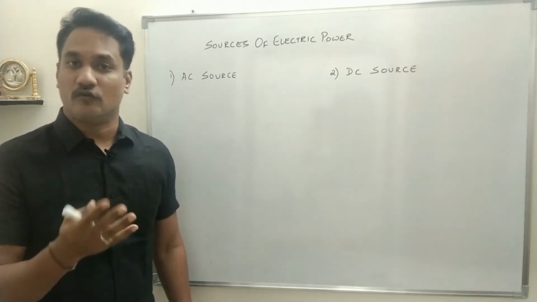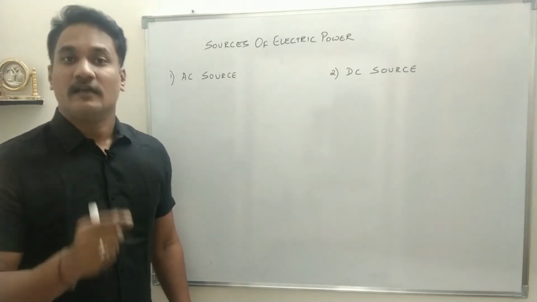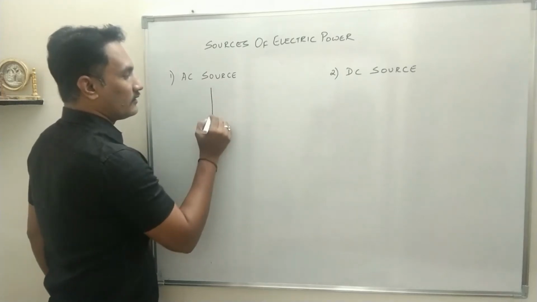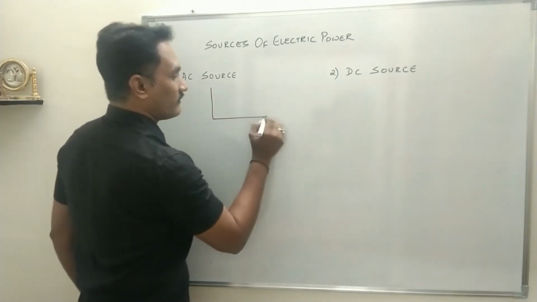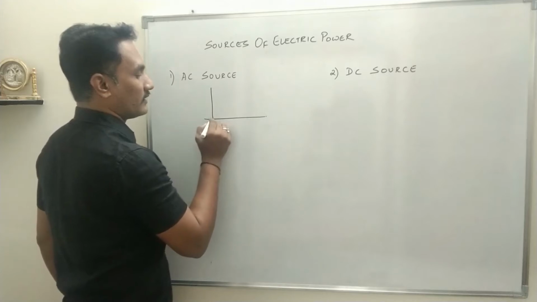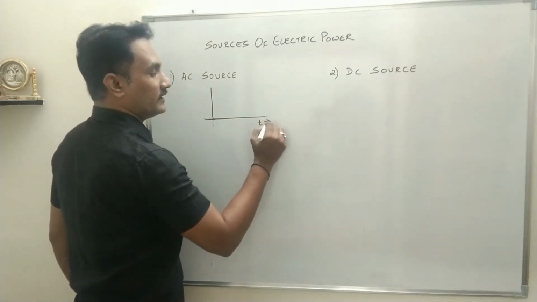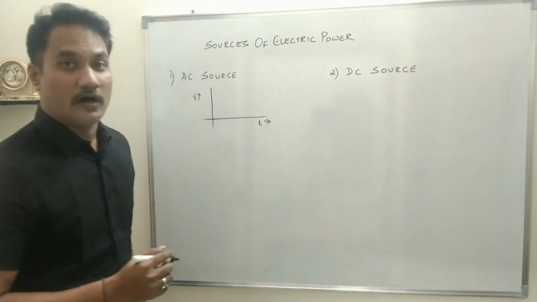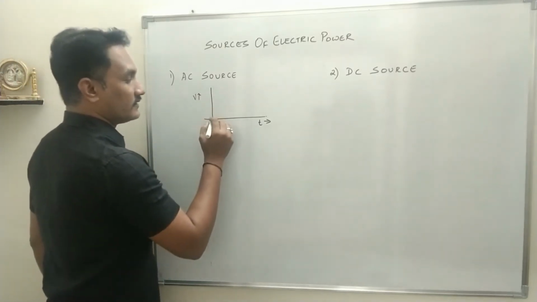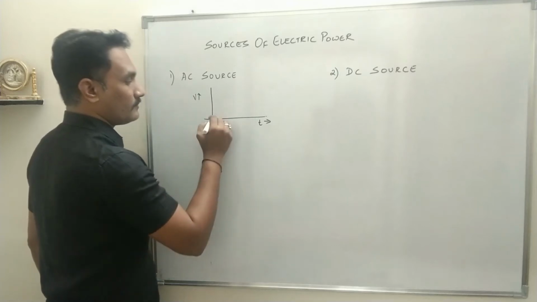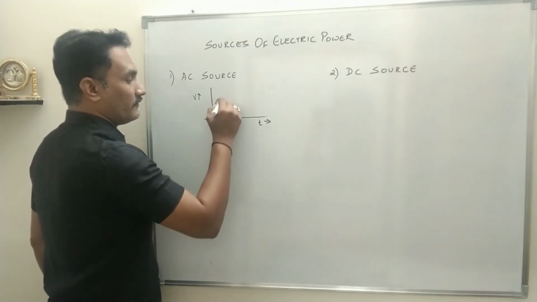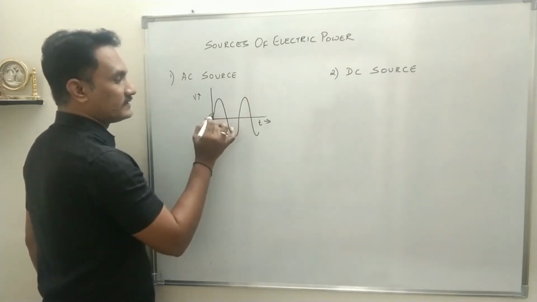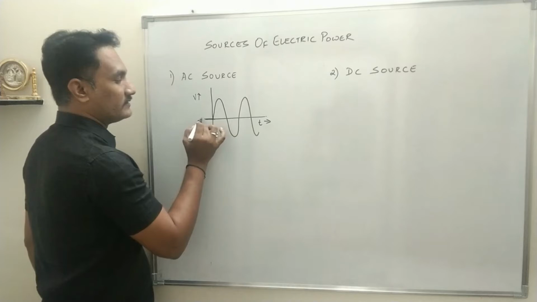It can be alternating voltage, it can be alternating current. In general we say alternating cycle. So if you draw a graph between time on the x-axis and voltage or current on the y-axis, the waveform will look like this. What you can see is this is the neutral, zero reference.